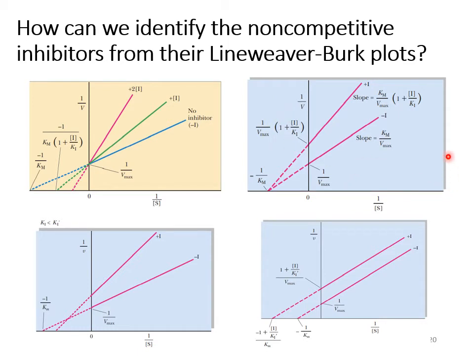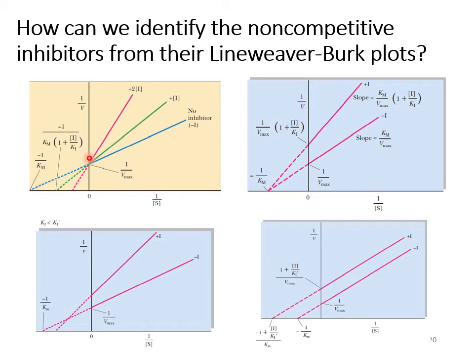When you look at these graphs, the first one over here represents competitive inhibitors, and the way that we tell that is that you see the lines intersecting on the y-axis. In each of these graphs, the y-axis is this black line straight up and down, and the x-axis is at the bottom. In competitive inhibition, on the Lineweaver-Burk, the lines intersect on the y-axis.